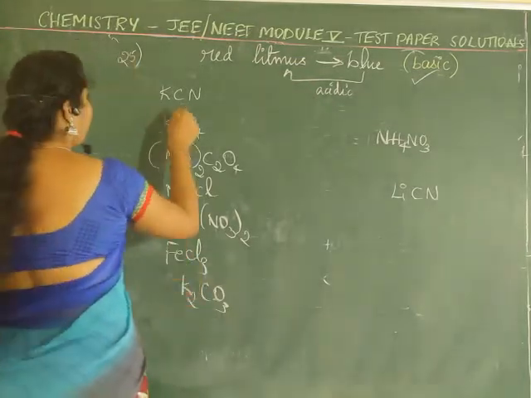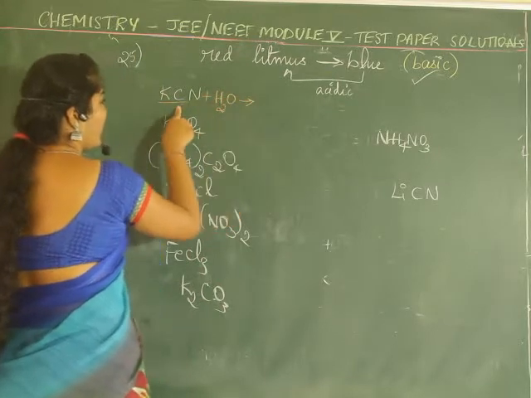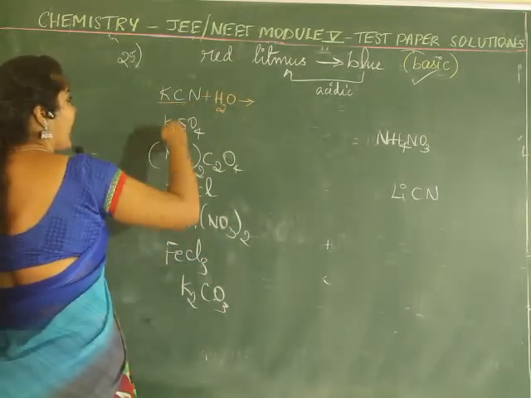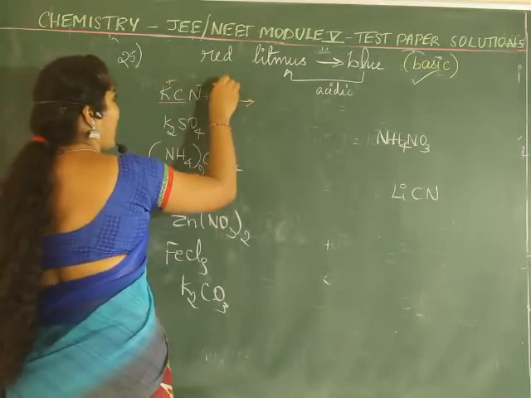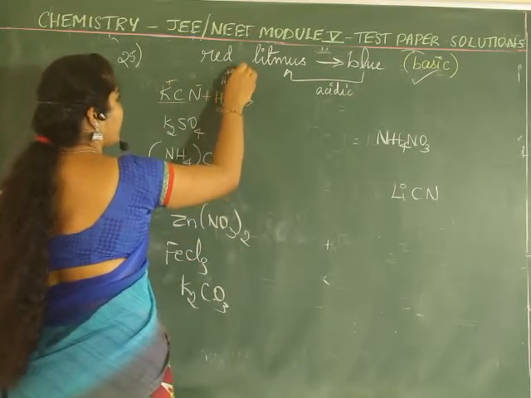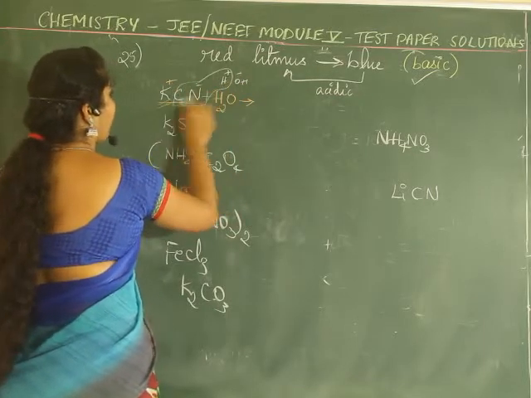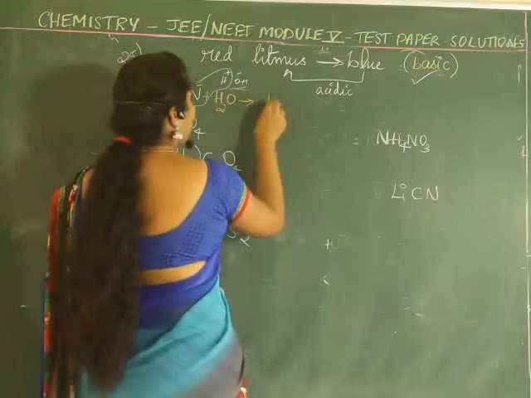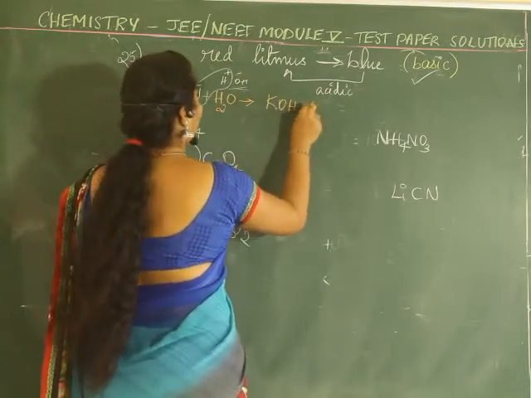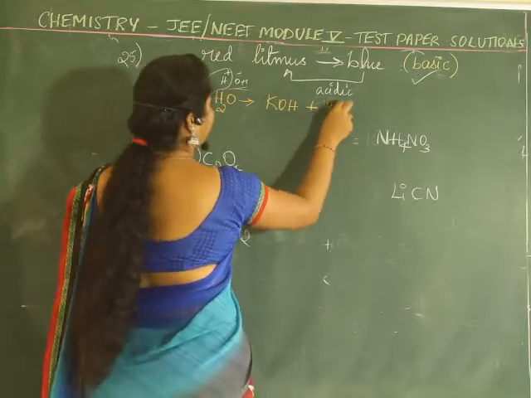When you dissolve KCN in water, what do you get? You know K is positively charged, CN is negative. So from H2O, out of H plus and OH minus, CN will take the positive charge and K plus will take the negative charge. So you get KOH plus HCN.